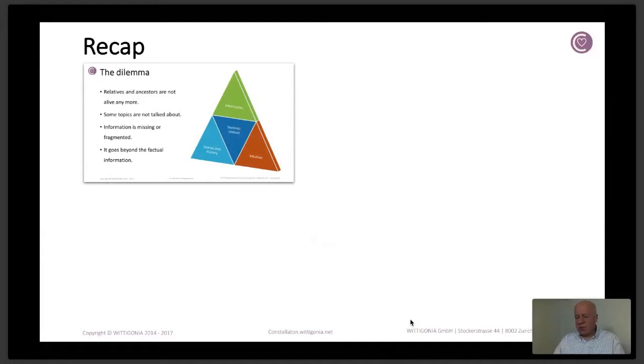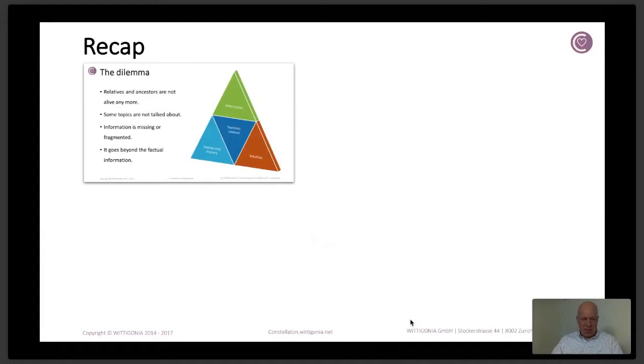In terms of a recap, we talked about the dilemma that we are in if we are talking about family research. In many families and clans, we're looking for the family members, and we have a certain idea who was there previously from the family records, but most importantly from the stories from the ancestors. But in most cases, the information is incomplete, and the further we go back in the previous generations, the more fuzzy it gets.